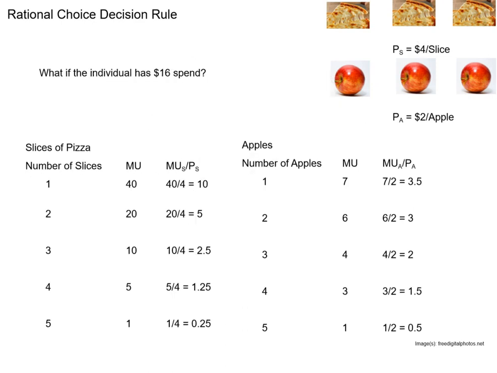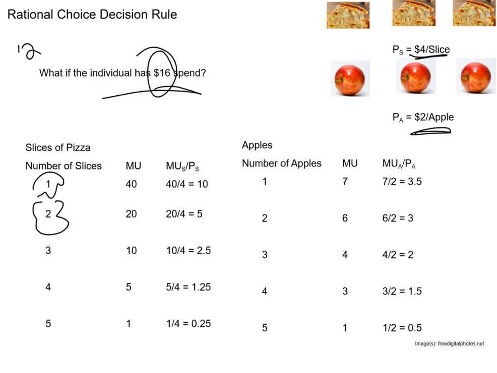We can add one additional thing, right? And so let's go back to our original story of $4, $2. What if instead we have more income, right? What if now we have $16 of income? If you recall, when we had $12 of income, we wanted to buy 2 slices of pizza and 2 apples. Now, what if we have $4 of additional money to spend? If we have $4 of additional money to spend, how should we spend it?